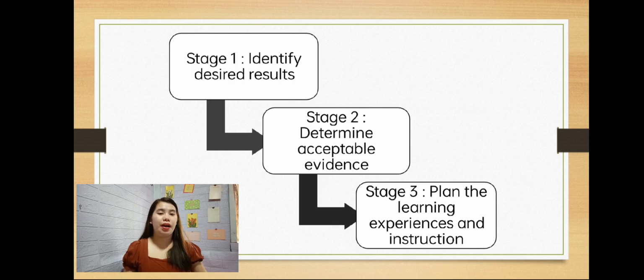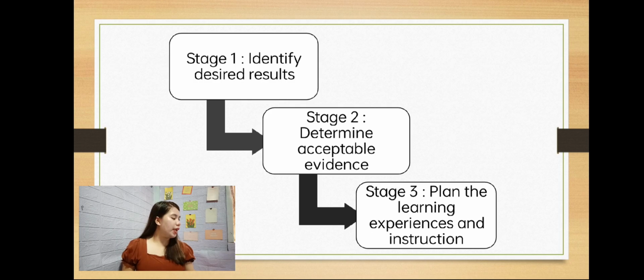Magpa-quiz para makita nimo if na-achieve ba ang imong desired learning para sa imong students. Stage 3, plan the learning experiences and instruction. So, diri pa ka mag-plan og unsa imong learning experiences or activities nga imong i-craft para ma-meet or ma-achieve nimo ang imong desired learning para sa imong students.